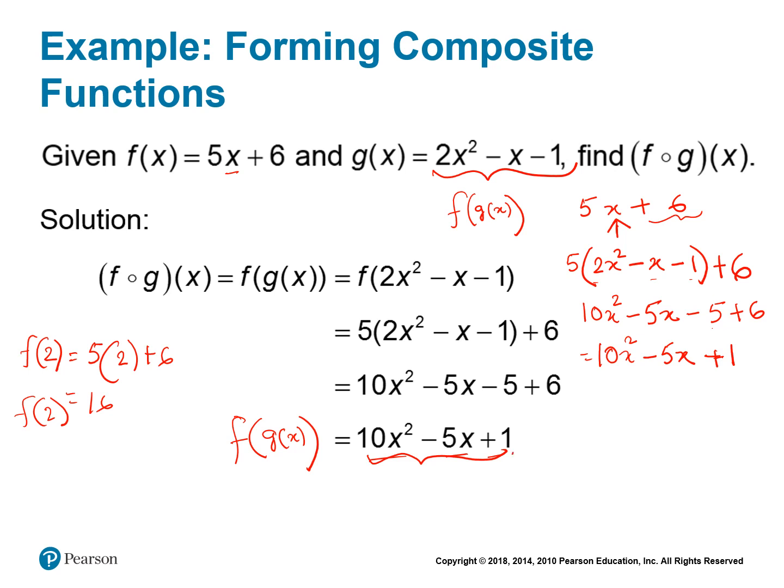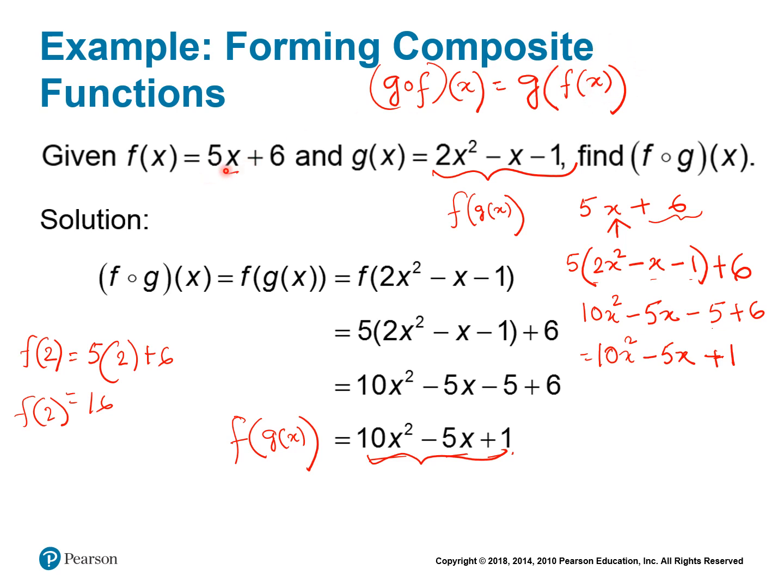All right, now we could also be asked to do g composition f of x. So in that case, what we'll be doing is we will be inputting f of x. f of x in this case will become the input into g of x.